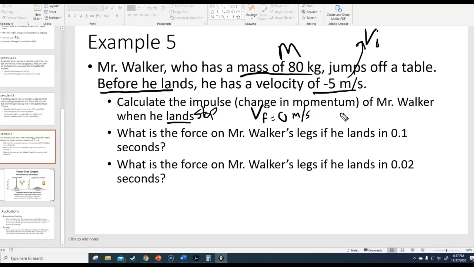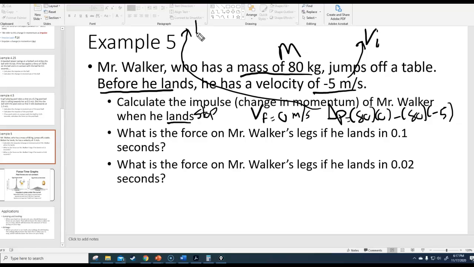And so if I want to calculate the change in momentum, delta P, I'm going to do mv final minus mv initial. That would be 80 times 0 minus 80 times negative 5. I'm going to write this up here.